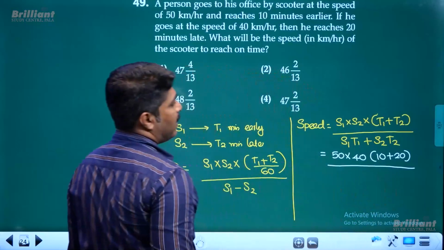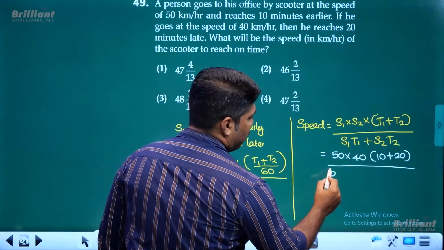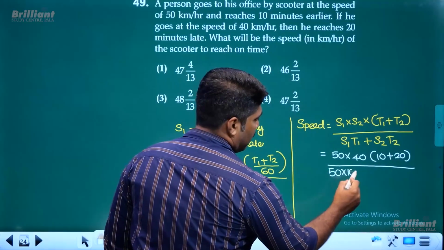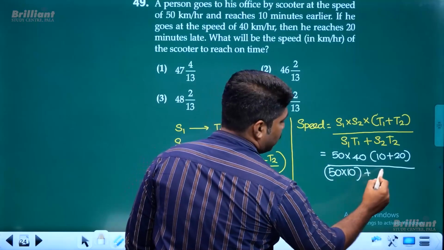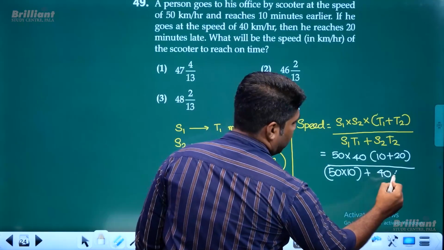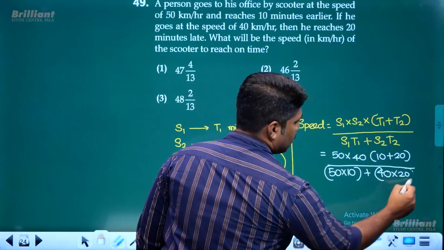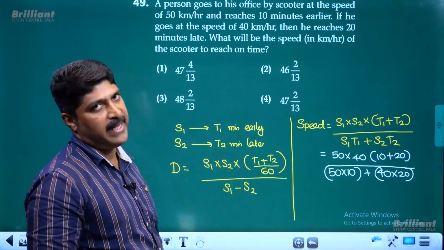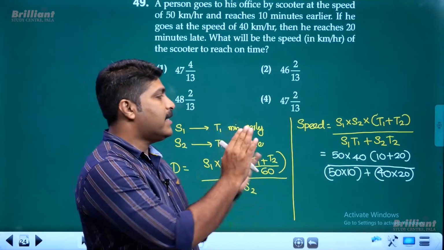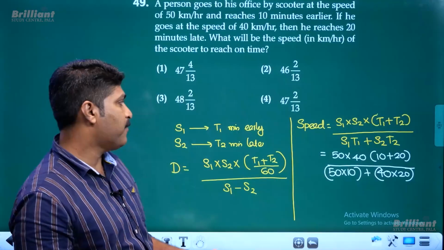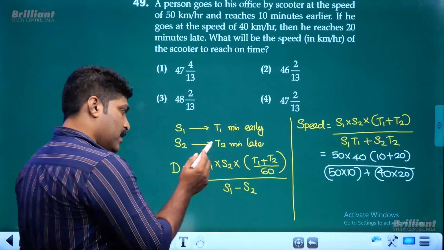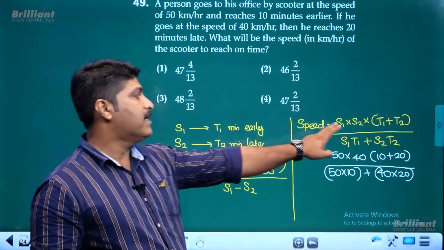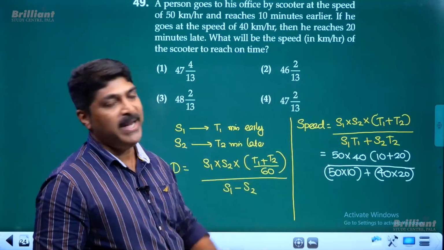On the denominator, S1 into T1, that is 50 into 10, plus S2 into T2, that is 40 into 20. Just simplify it, and you will get the same answer as the previous one. So this is the direct application for this type of question. You can apply this result for finding the distance and this result for finding the speed.